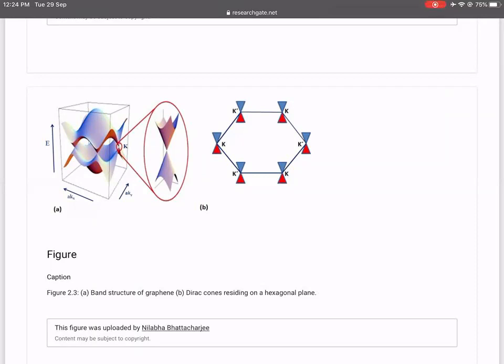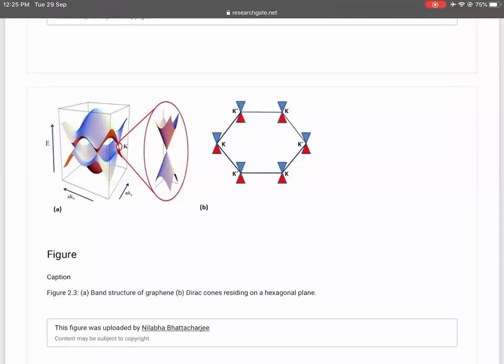Also, if you have a metal, then one or more bands would be partially filled, as I said. But then states up to a certain energy will be completely filled. I'm talking of zero temperature. States up to a certain energy will be completely filled, irrespective of what the shape of your bands is, and the rest of the states will be empty.